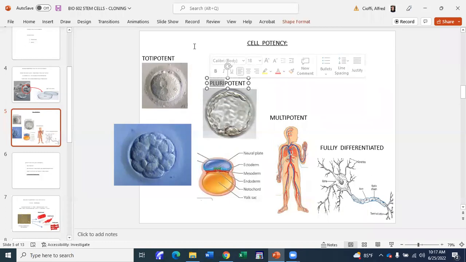It's within a range, all right? And the range is that, especially for the ICM, the blastomeres of the ICM potentially may become any cell in the body, but not the placenta. And that moves on to the fourth stage, which is going to be the gastrula, right?